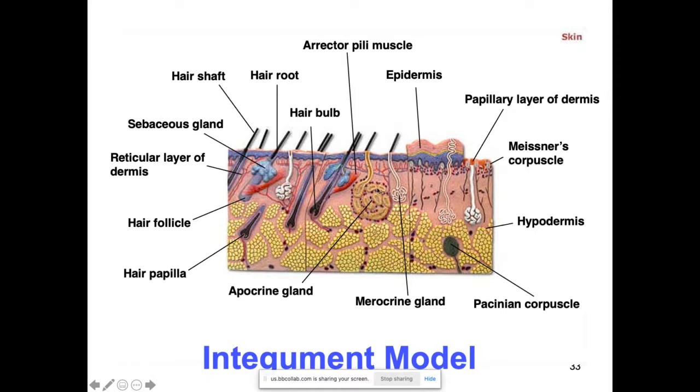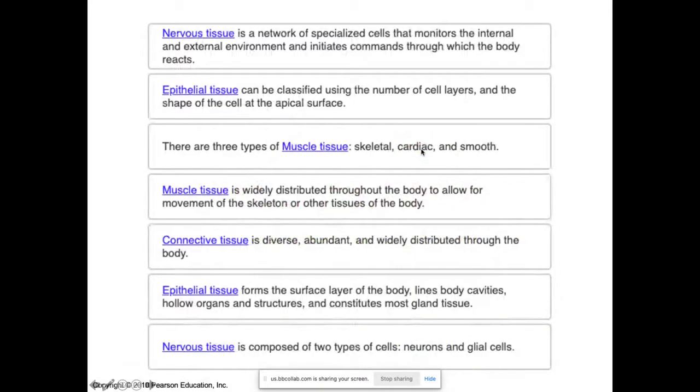Here is your sebaceous gland, which is your oil gland. Your oils are secreted to lubricate the hair. Then it creates a watertight and antibacterial seal around the shaft, right at the epidermis. You can see the epidermis has multiple layers here, and we'll review that shortly.